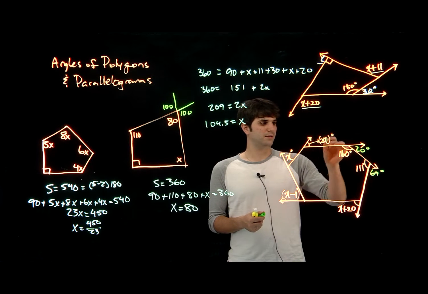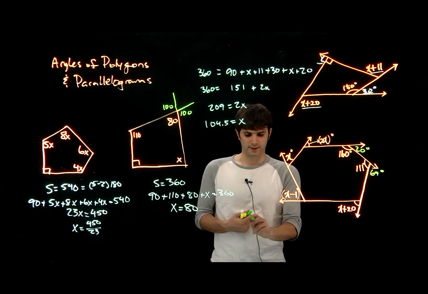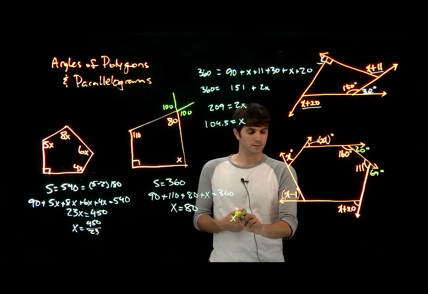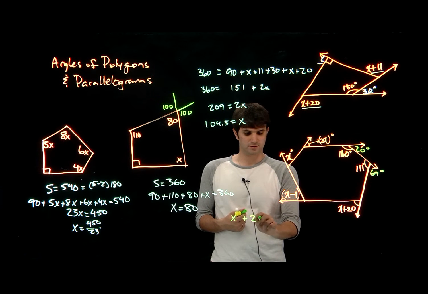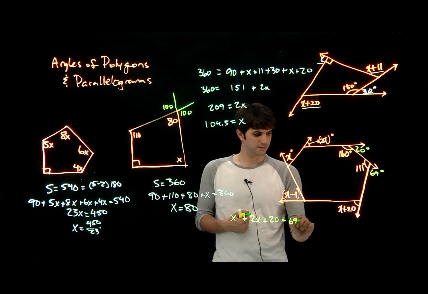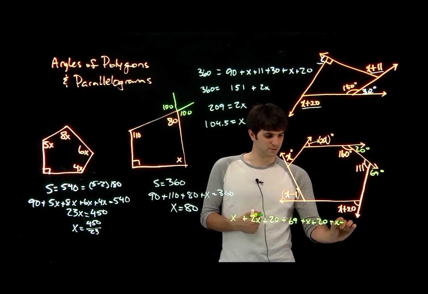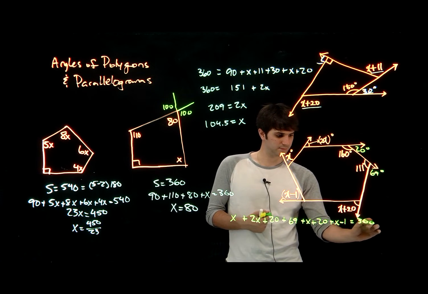Now we know that all of these add up to 360. So we get x plus 2x plus 20 plus 69 plus x plus 20 plus x minus 1 equals 360.